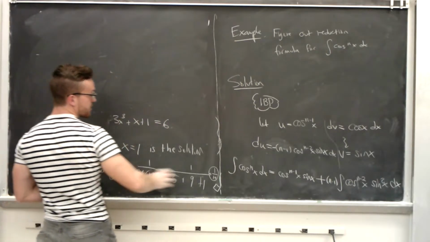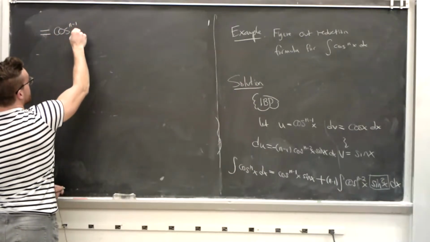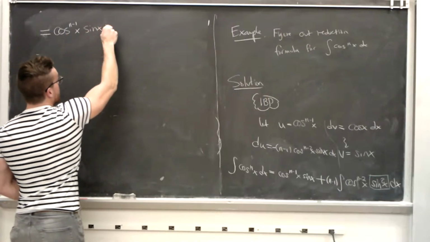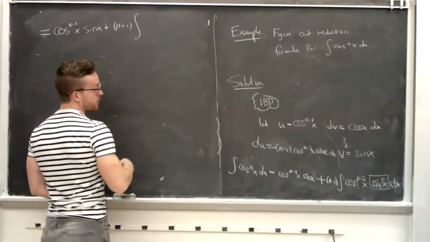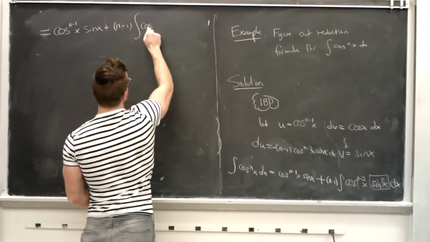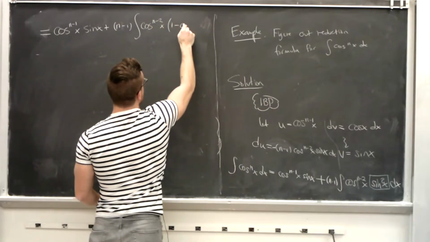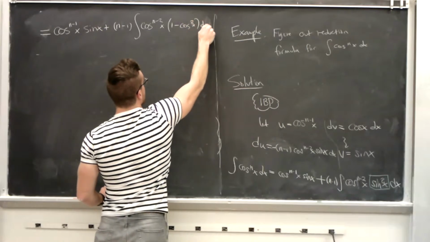The next trick is, continuing from over there, I've got cosine to the n minus 1 sine of x plus n minus 1 times the integral of cosine to the n minus 2 times 1 minus cosine squared dx.